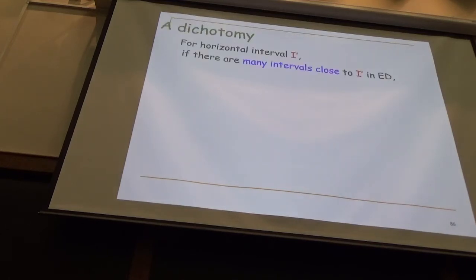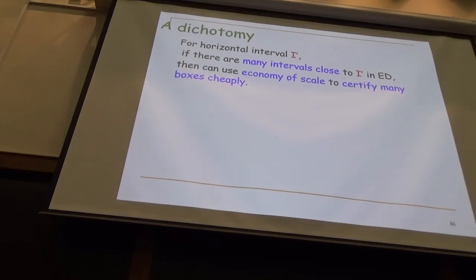So we have a dichotomy. For a horizontal interval I prime, if there are many intervals close to I prime in edit distance, both horizontally and vertically, then we can use economy of scale to certify many boxes cheaper.